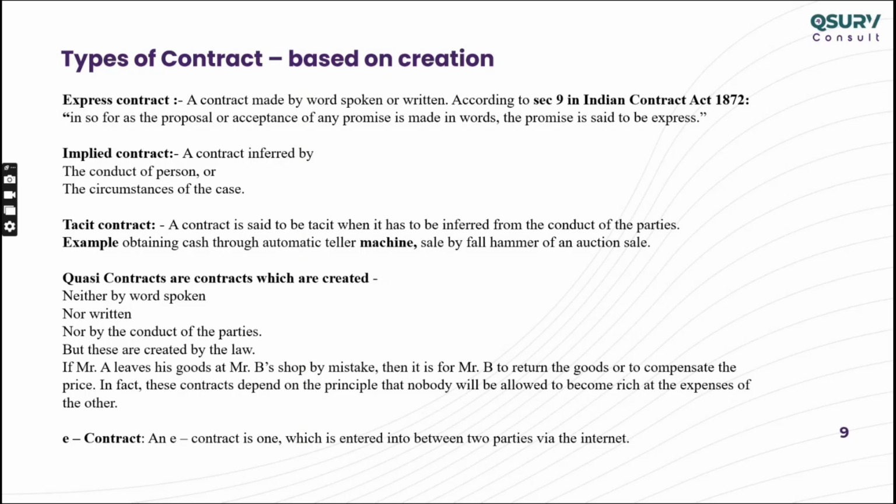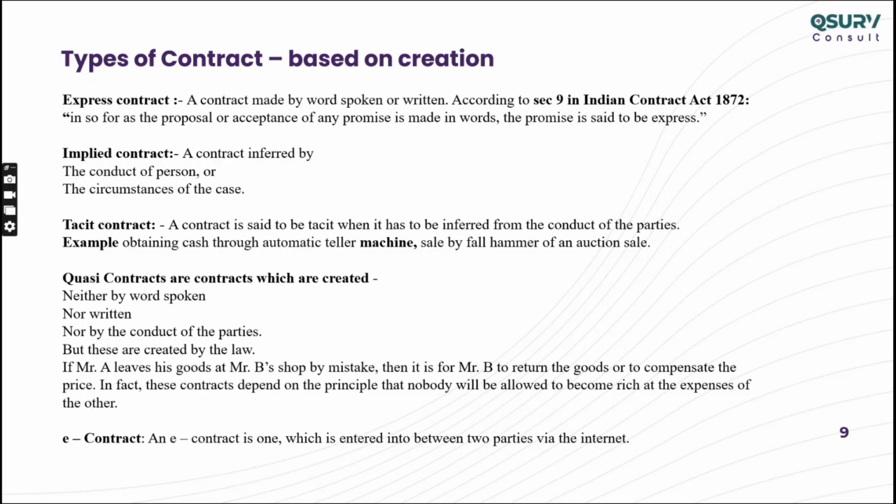So it's based on creation. The first is express contract, meaning a contract made by words, spoken or written. Don't look into the section, I put a section from the Indian Act only. Express contract means that which is expressly stated or communicated.